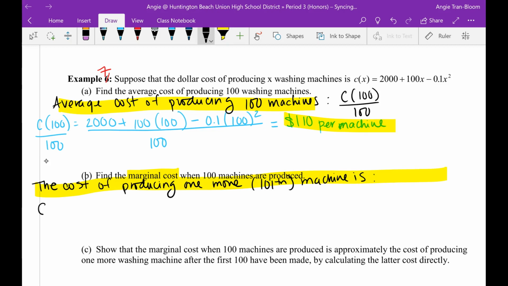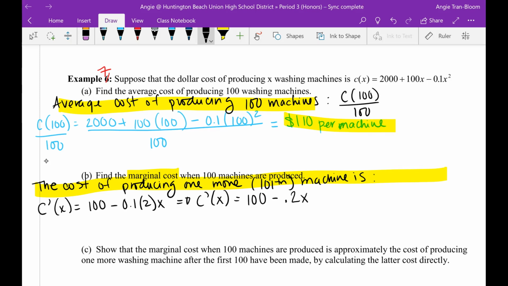Based on our definition of marginal cost and marginal revenue, we have to take the derivative. The derivative of 2000 is a constant, so zero. The derivative of 100x is just 100, minus 0.1 times 2x. So that's going to give me C prime of x equals 100 minus 0.2x.